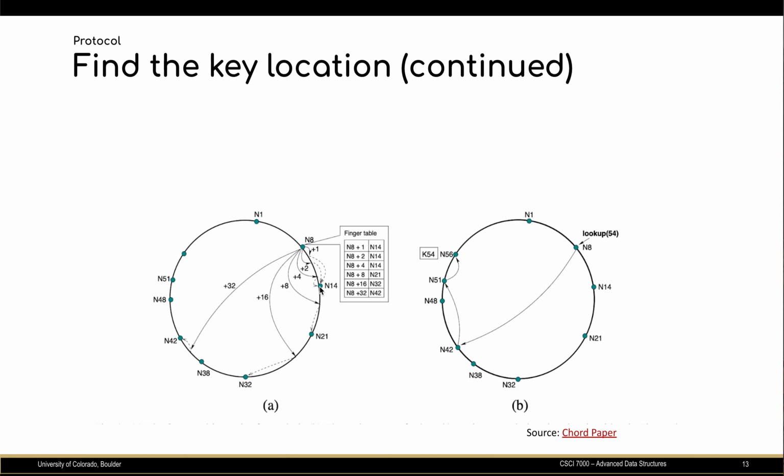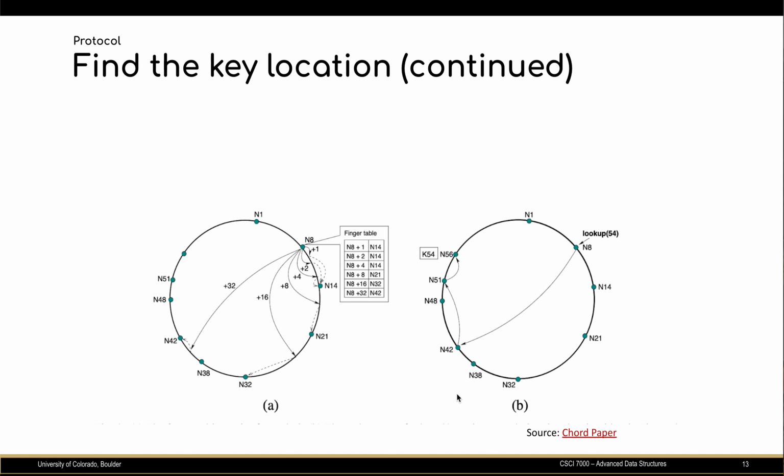But if we are doing a lookup for a key like 51, then we need to take a jump and reach node 42, because the farther node would have more information about the key than the nodes which are closer. And this is a key idea of Chord in providing logarithmic lookup time: if the key is not available in our node, we forward the request to a node which is closest to the key.